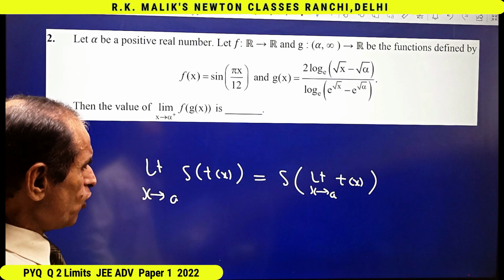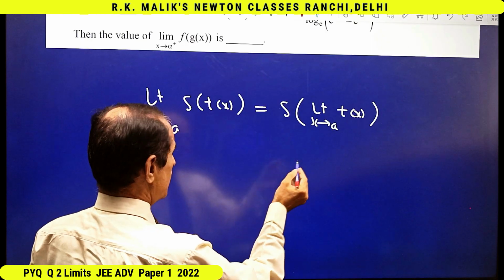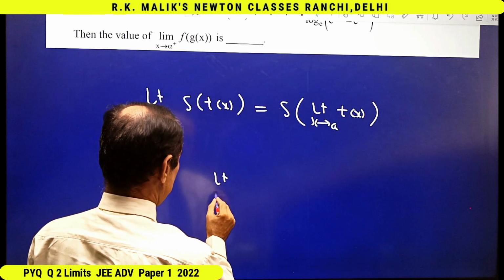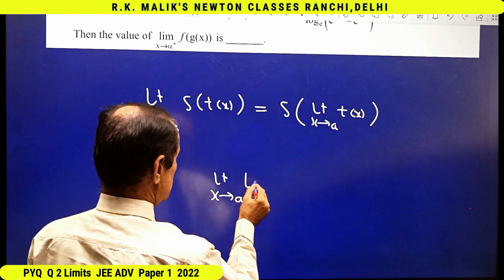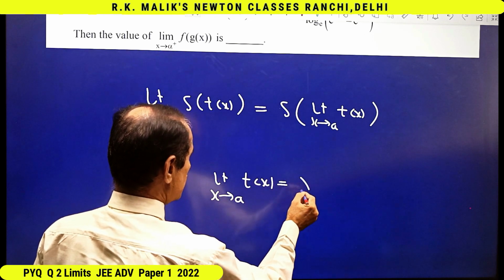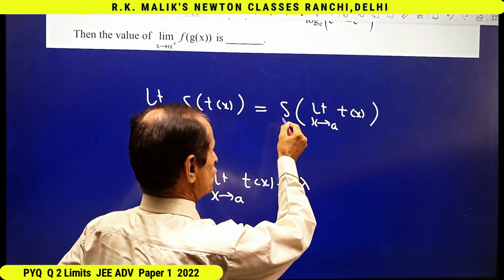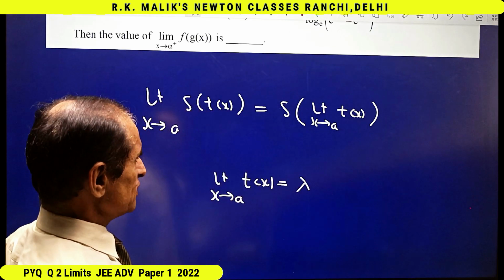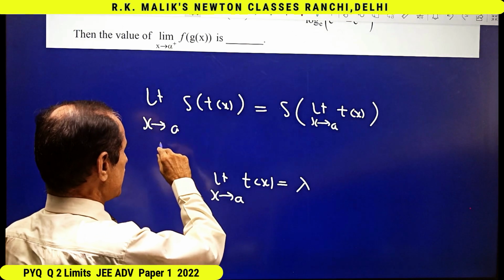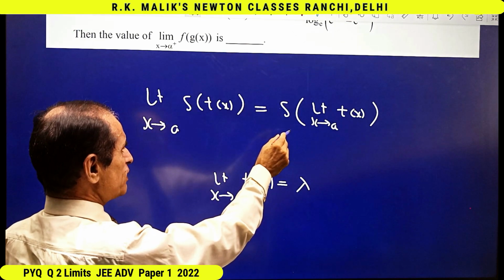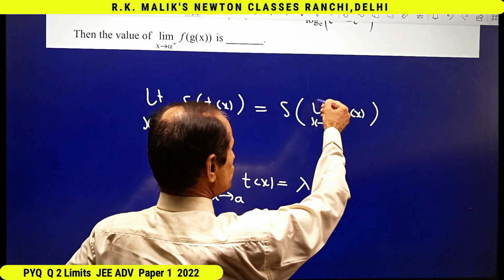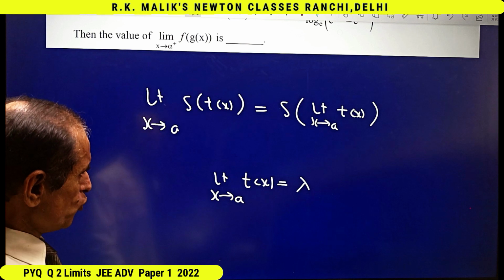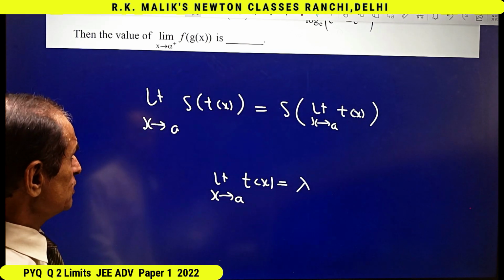This is allowed only if the limit of t(x) is lambda and s is continuous at lambda. That is, limit can go inside provided at the limit of this, the function s must be continuous. You must know this formula and I'm going to use it in this question.